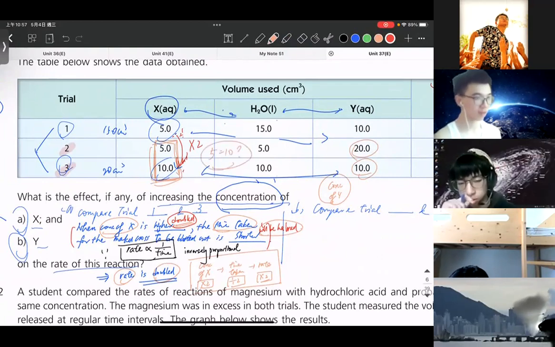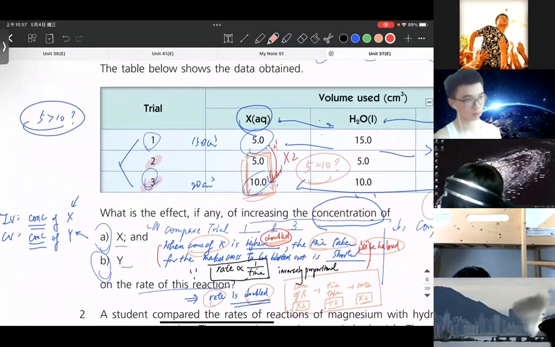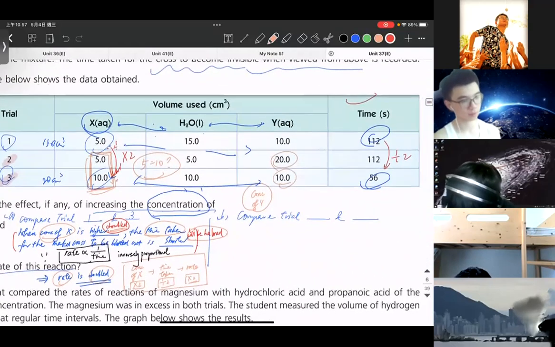No, of course not. So you just mentioned 2 and 3. I give you one more chance to choose the trials again. Trial 1 and 2. Correct.